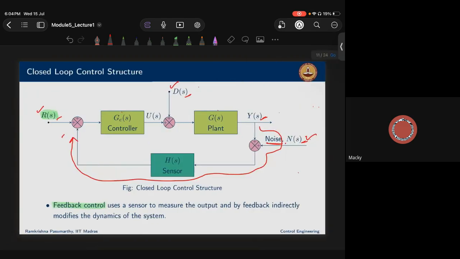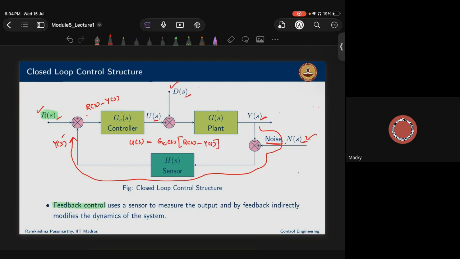How do we find the control input? Here we are getting this Y of s. What is this one? This one is nothing but R of s minus Y of s. So U of s is nothing but GC of s multiplied by R of s minus Y of s.